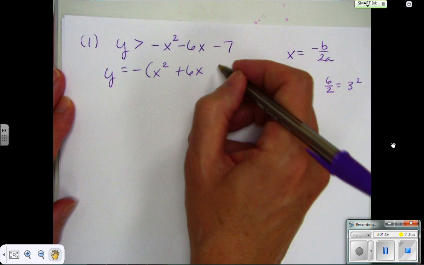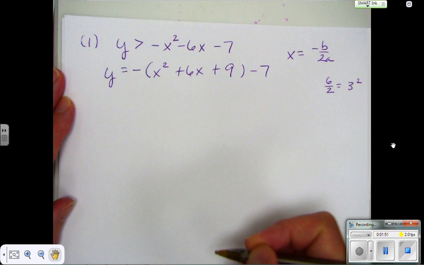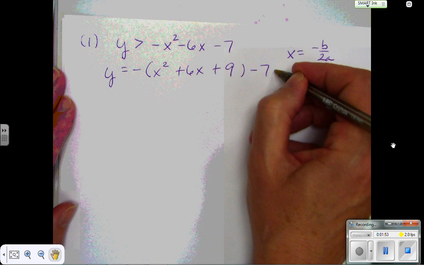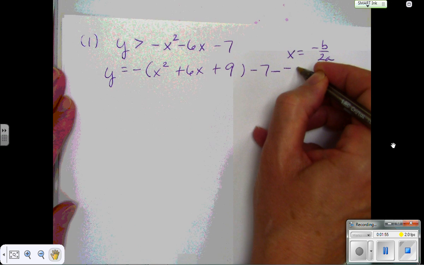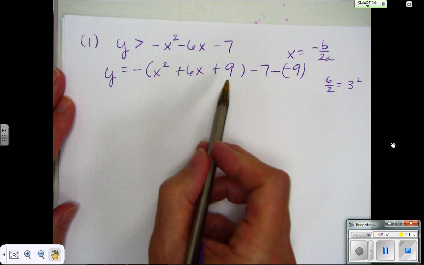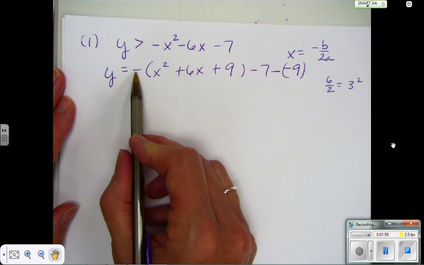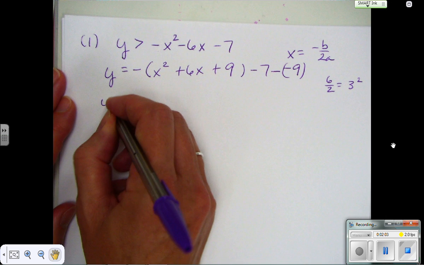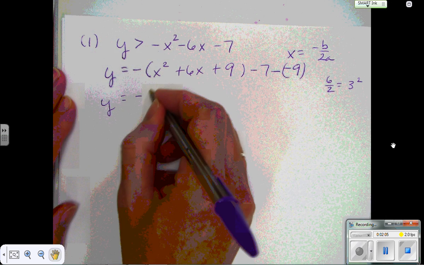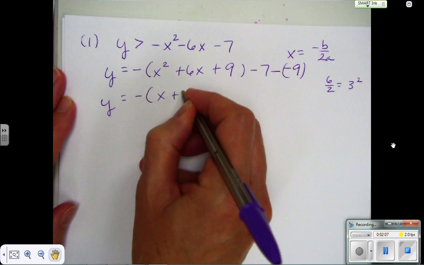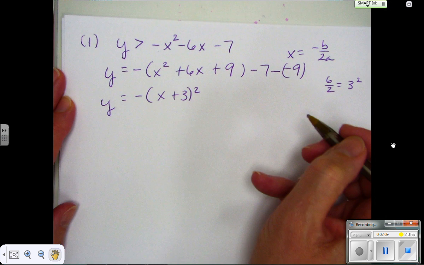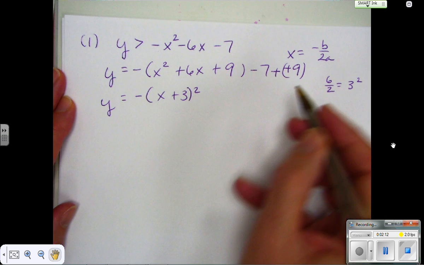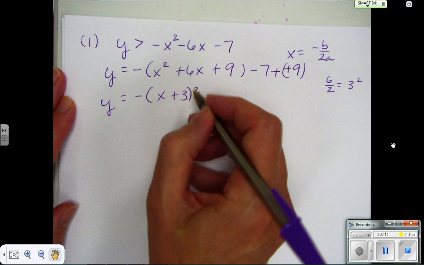So I'm going to add 9 inside the parentheses. Outside, I'm going to subtract a negative 9, and it's a negative 9 because 9 times that negative outside the parentheses makes it negative. Okay, so now I can factor into a binomial squared, so x plus 3 squared, and my number outside is going to be a plus 2.